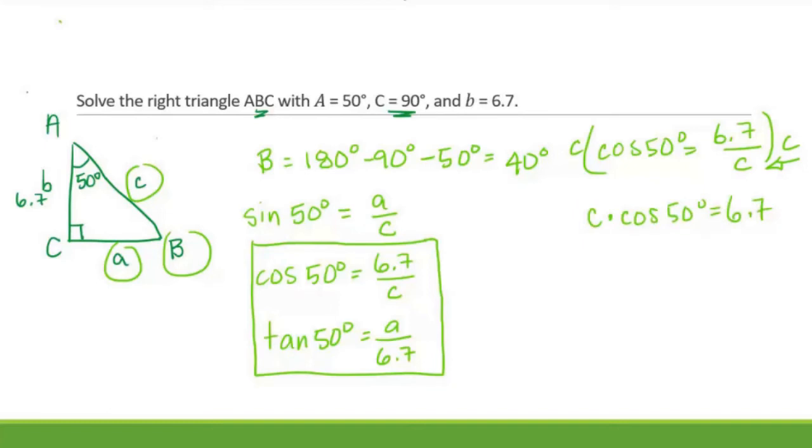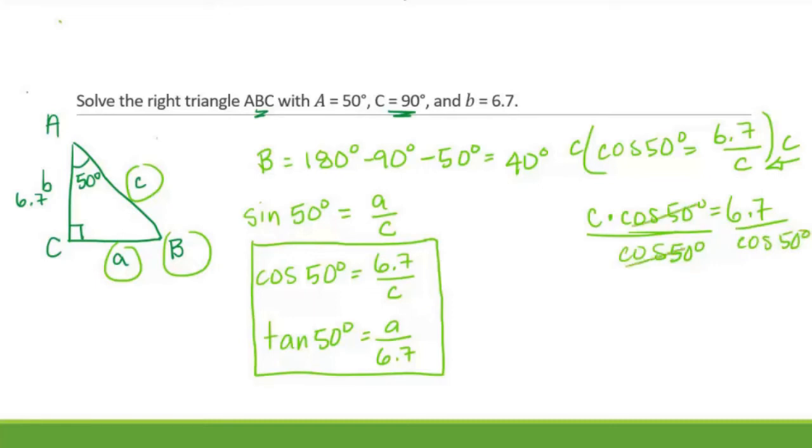Now C is multiplied by the cosine of 50 degrees, and of course cosine 50 is just a value. You can enter cosine of 50 degrees into your calculator and find that value immediately, or you can just leave it as its exact answer for the moment. In any case, to eliminate it from the left-hand side and isolate C, we're going to undo multiplication by dividing both sides by the cosine of 50 degrees.